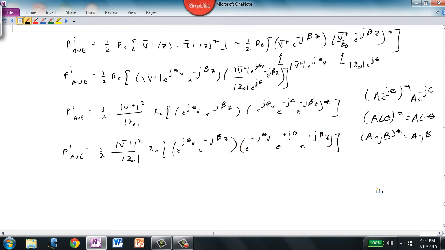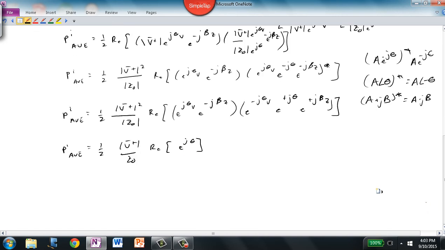And that's nice because this term is going to cancel with this term, and this term is going to cancel with this term, leaving only the e to the j theta term. So we're left with the incident average power equal to 1/2 V bar plus over z0 times the real portion of e to the j theta.